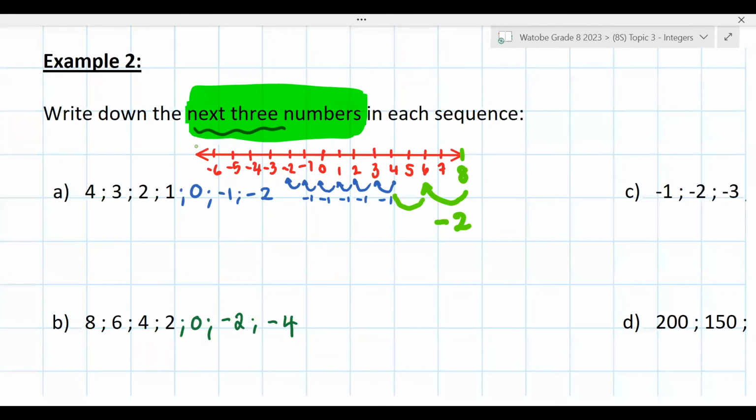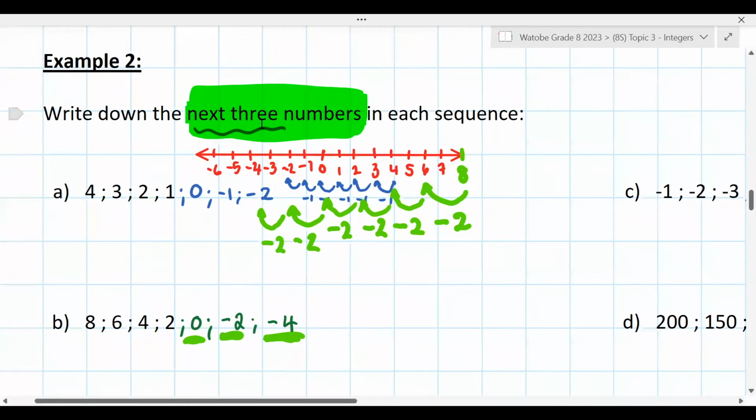If I then go to my next number, it's 4. I'm taking away 2. And so each time I'm taking 2 away from the number in order to get the next one. So 2 minus 2 gives me 0. 0 minus 2 gives me -2. -2 minus another 2 gives me -4. So each time I'm subtracting 2 from the last number in order to get the next number.